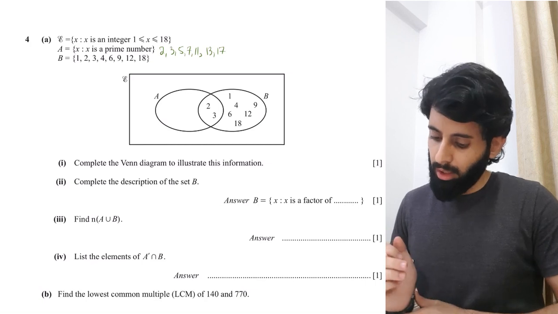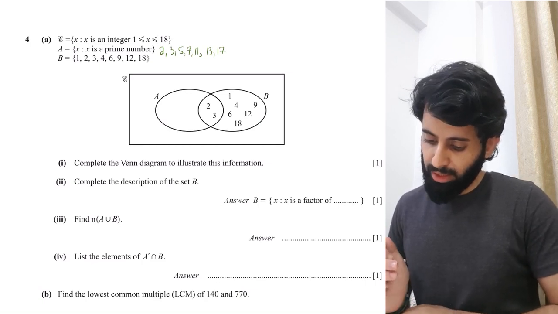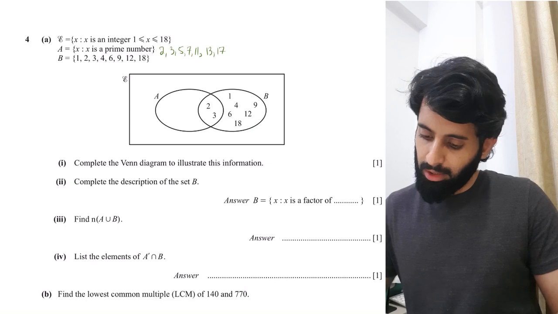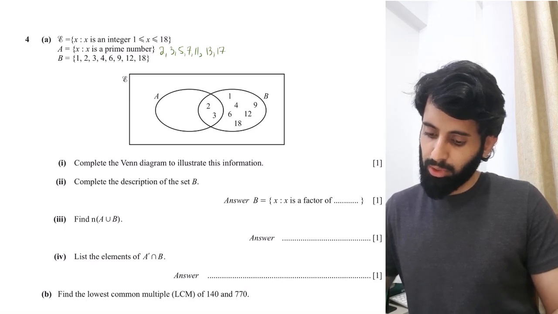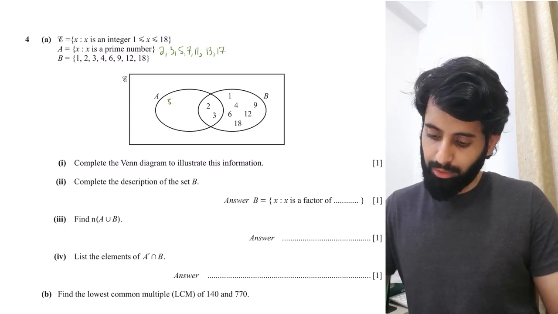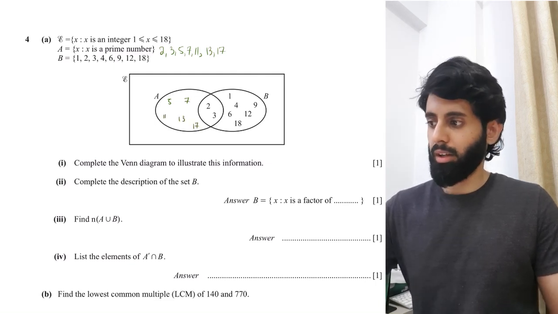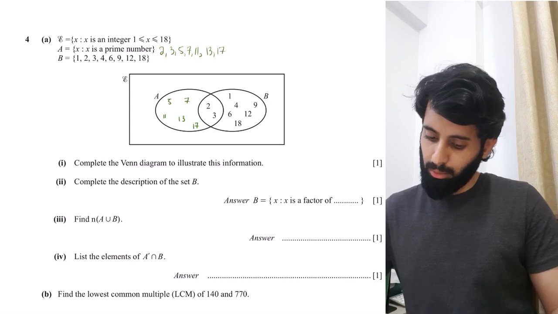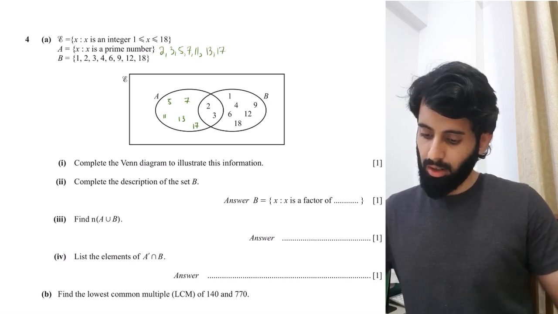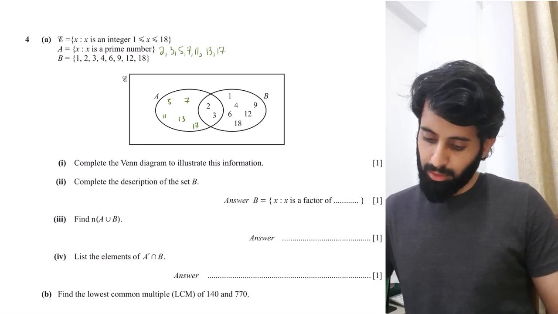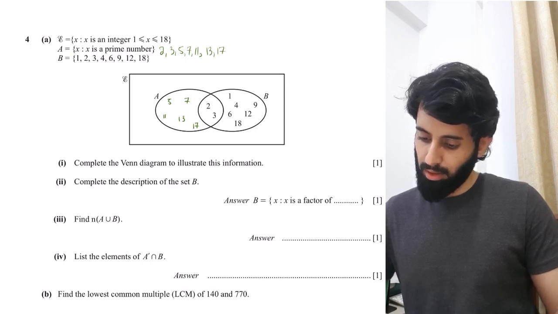Anyway, it says complete the Venn diagram to illustrate this information. As far as set A goes, 2 and 3 are already taken. So we have 5, 7, 11, 13, and 17. And then what is it that is neither in A nor in B? So we have 1, 2, 3, 4, 5, 6. I see 6, I see 7.